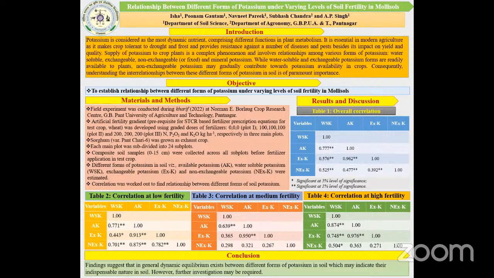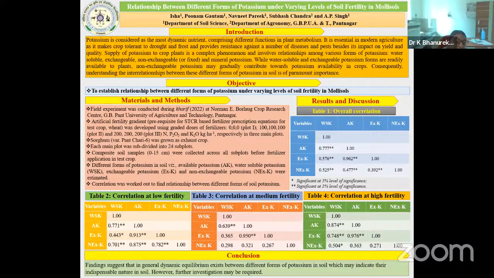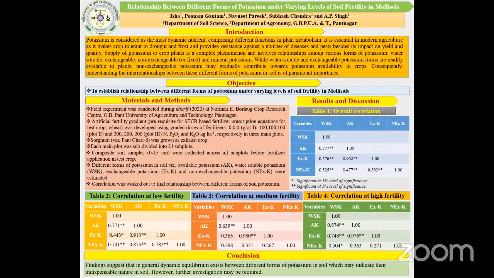Ma'am, right now I do not have the relevant information. Ma'am, actually, when we developed the soil test crop response, there are two approaches, inductive and deductive. So we undertook the deductive approach. So we create the different levels of soil fertility in the field only.